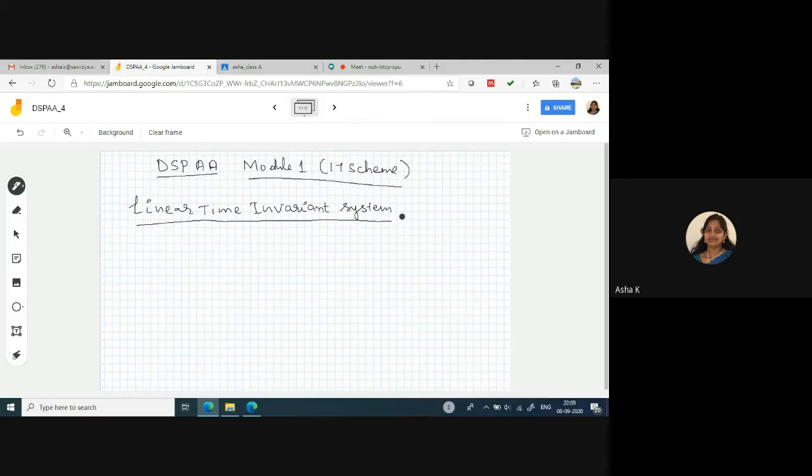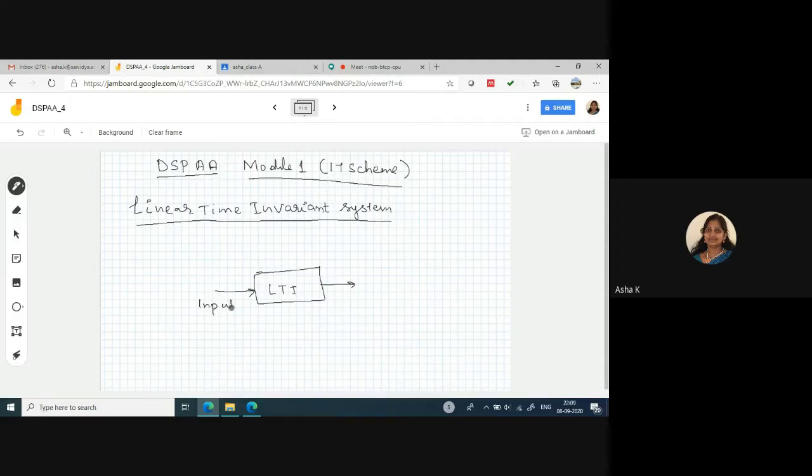The system which satisfies the superposition theorem is called a linear system. So a system is one which satisfies the superposition principle; that system is called the linear system. When we call it a linear time invariant system, it has inputs and it also has the output.